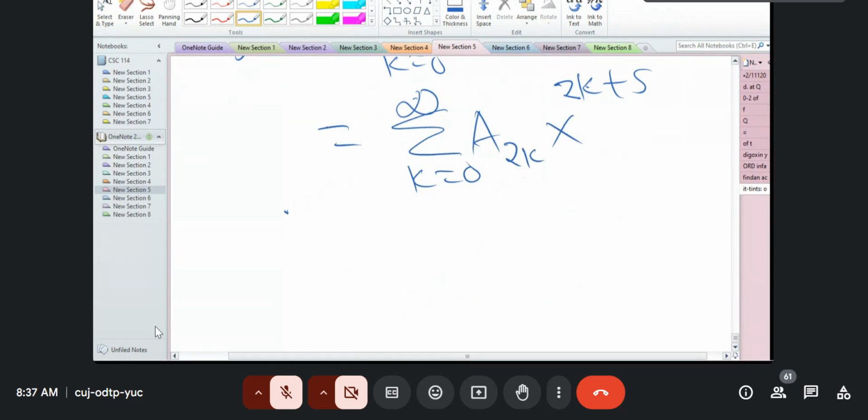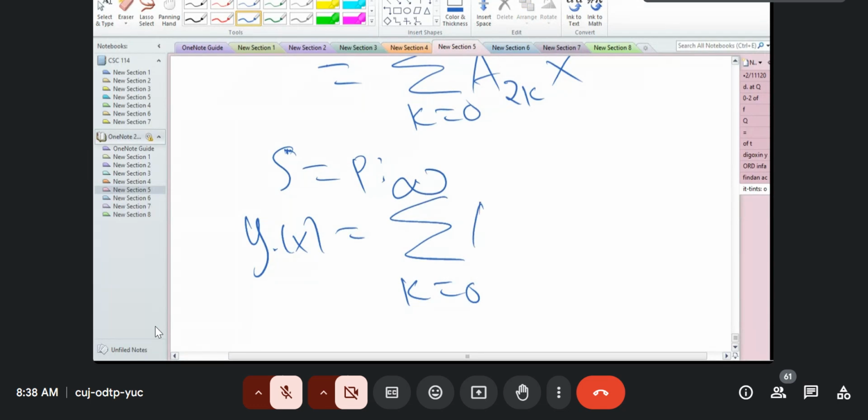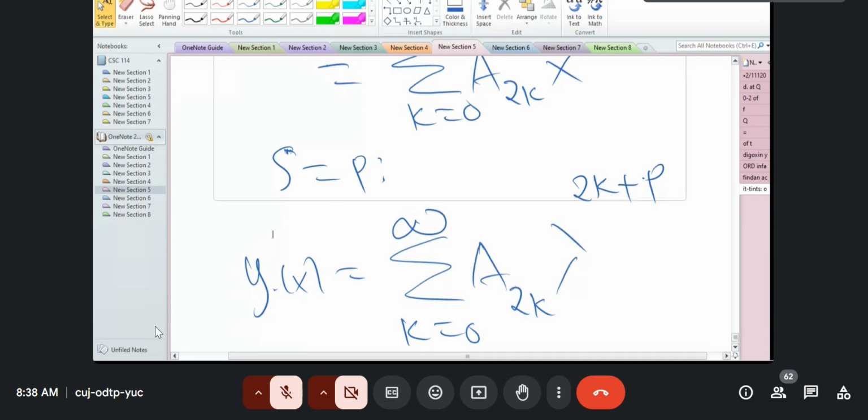But we are obtaining an expression for the solution corresponding to s equals p. So we also substitute s with p. And our y of x is the summation from k is 0 to infinity a sub 2k x to the 2k plus s, we substitute with p, so we have x to the 2k plus p. But we just obtained an expression for a sub 2k.